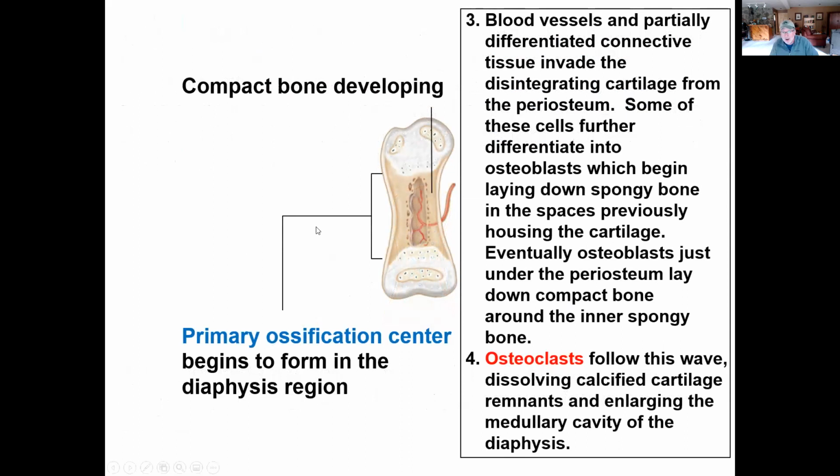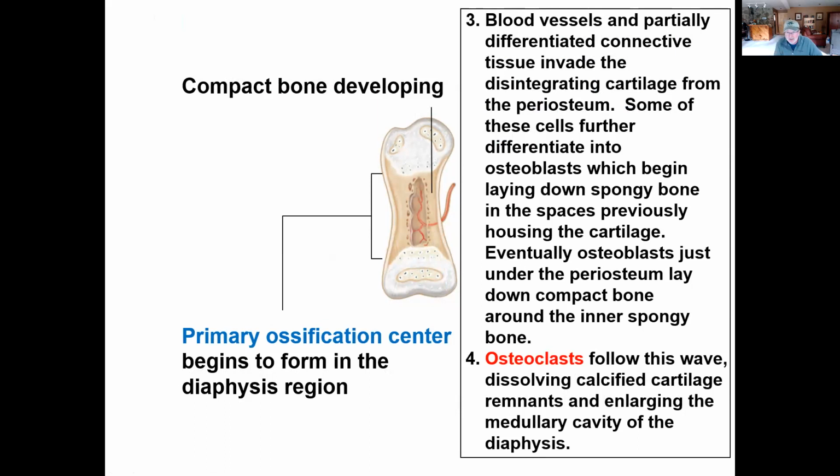Now remember, our cartilage cells have died off in the middle, in the future diaphysis of the bone. And what we begin to see now is that blood vessels begin to invade from the periosteum. We already formed that as that initial bony napkin ring collar, right? So blood vessels begin to invade into those regions that were occupied by chondrocytes, which have, remember, enlarged and died.